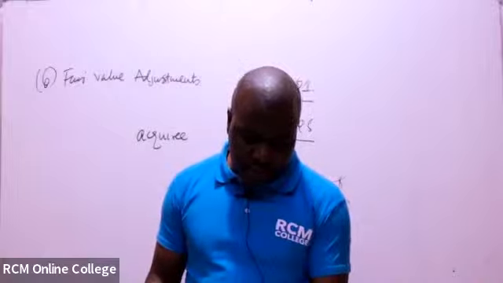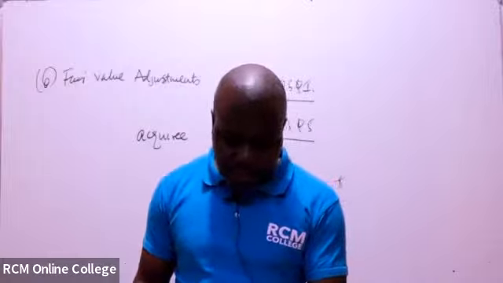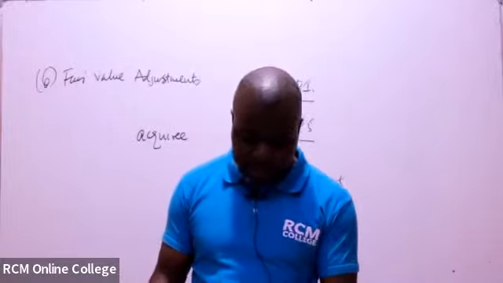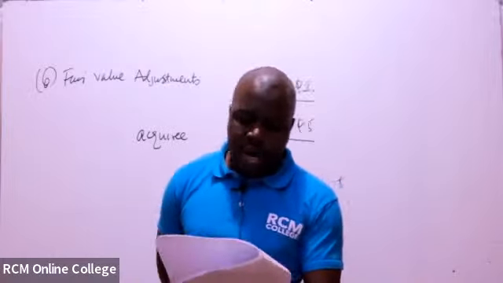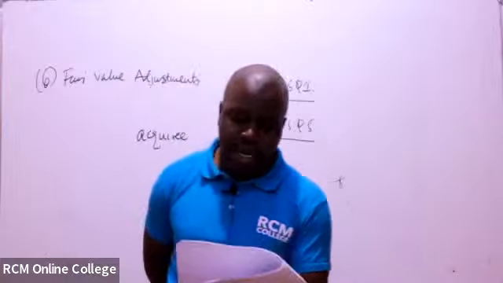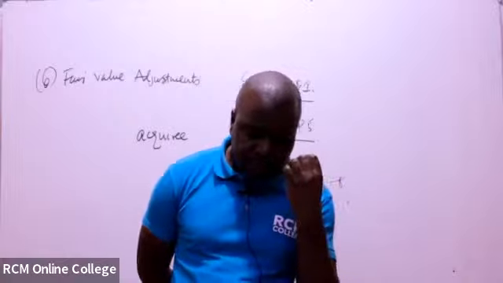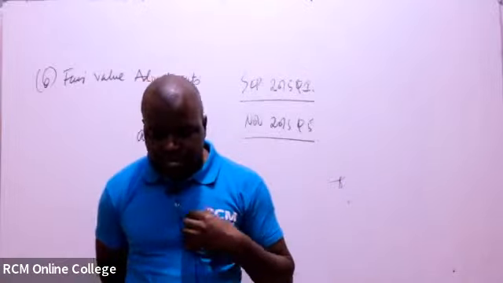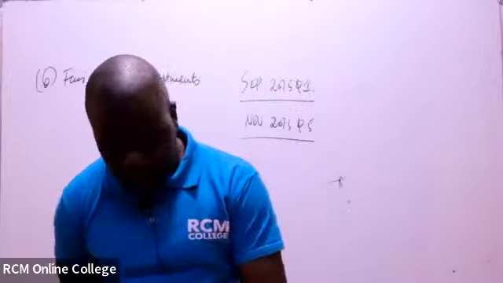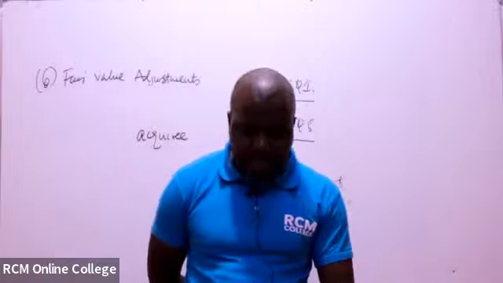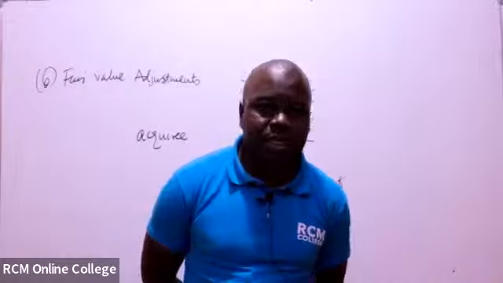IFRS number 3 requires the identifiable assets and liabilities of the acquiree to be measured initially by the acquirer at their fair value at the acquisition date.